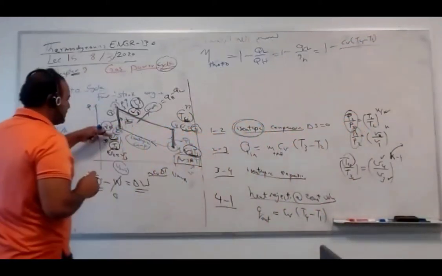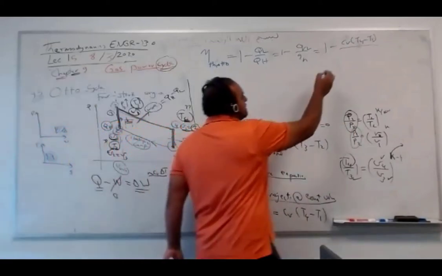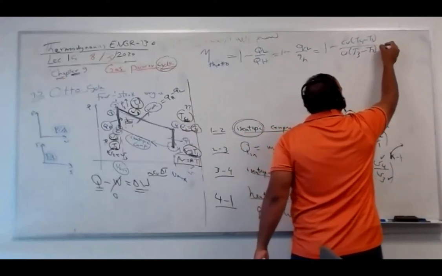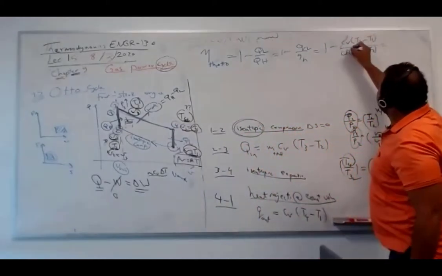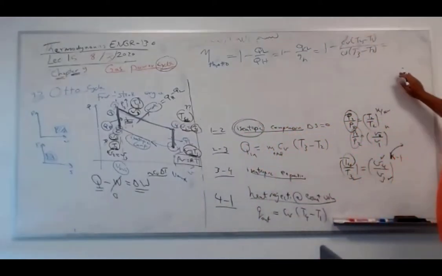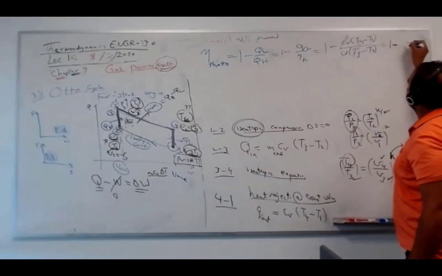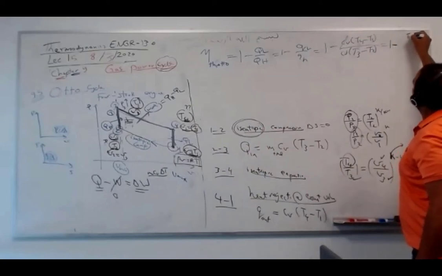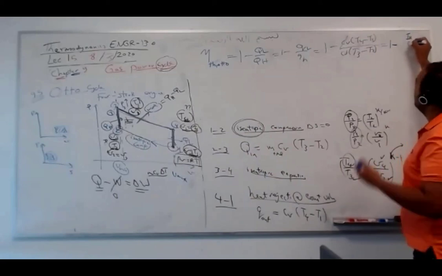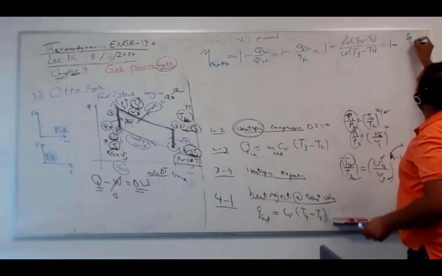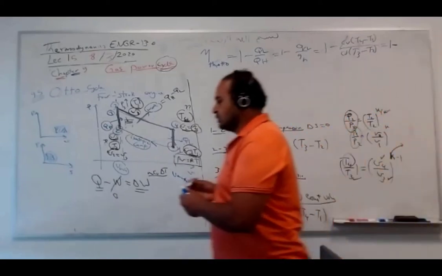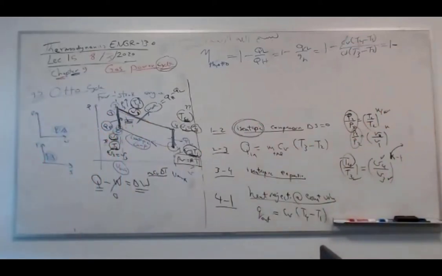Here, Q high was Q in, Cv delta T, Cv (T3 minus T2). So air is the same air. Assume air, everything is air. So 1 minus T4 over, let's say, T2 minus T1 over T2. Let's do it exactly with the compression ratio. Compression ratio, you need to have.